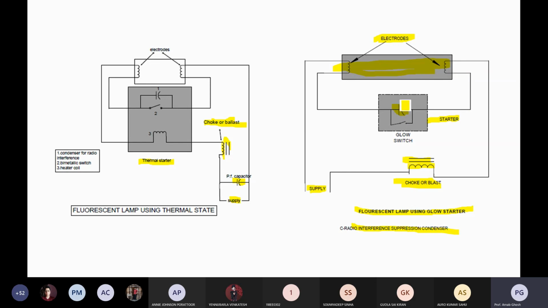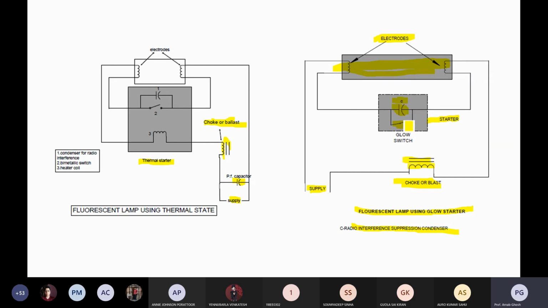This is the bimetallic strip, not this one. Initially that will be heated, some voltage will appear, it is heated and connected. Then the current will flow and that circuit will be closed. Then the capacitor, meaning the starter, provides the power factor improvement for the input power, and also maintains that voltage.